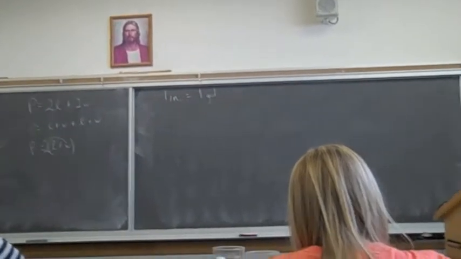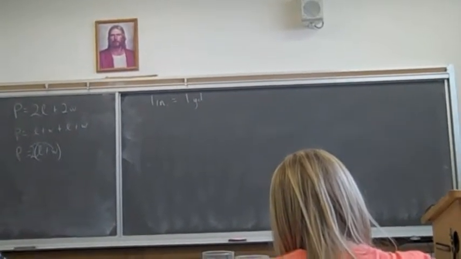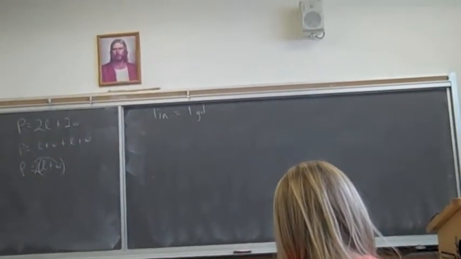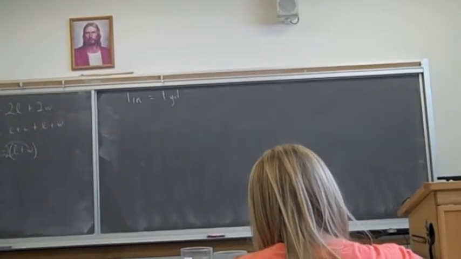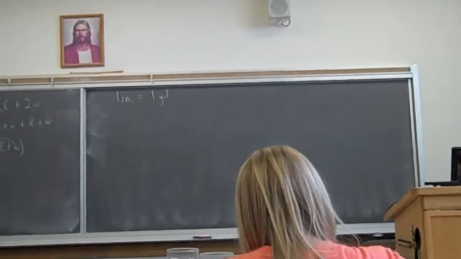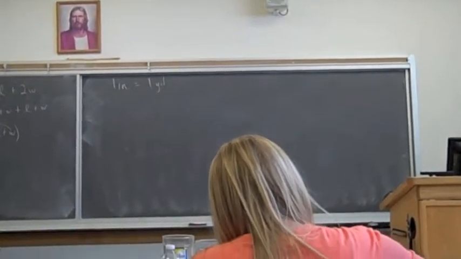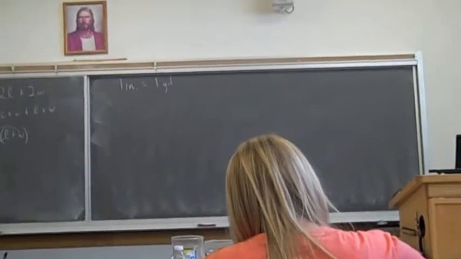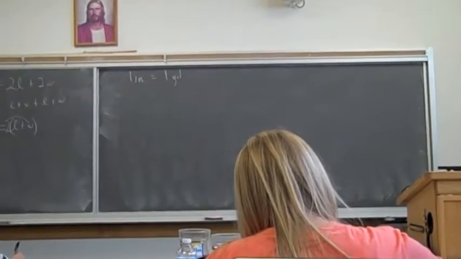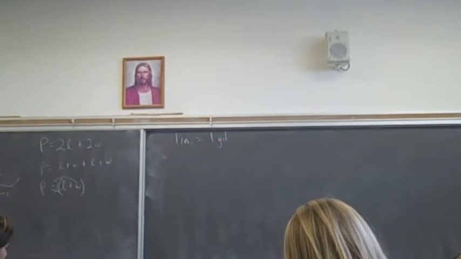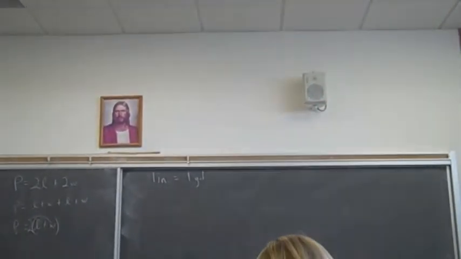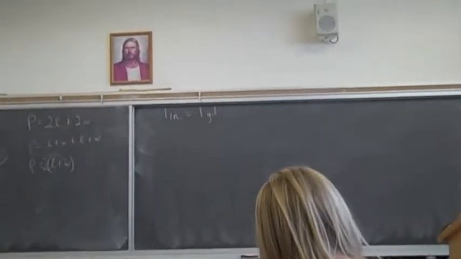And every one of our formulas is going to come from the rectangle formula. That's why we're calling it the mother formula. Every formula that we get is going to come back in some way, directly or indirectly, to the rectangle formula.